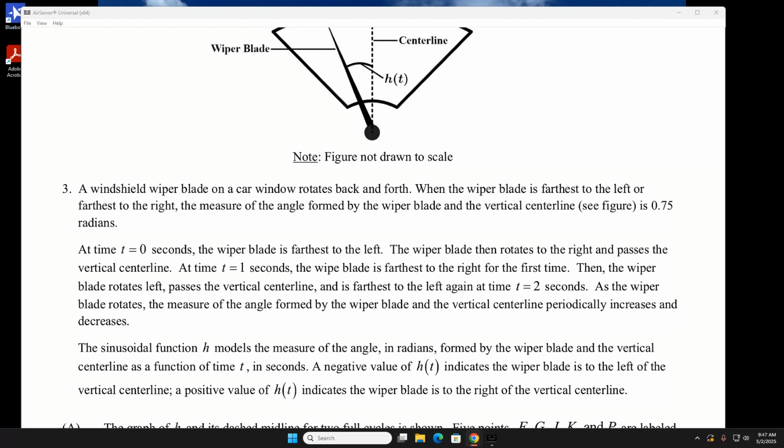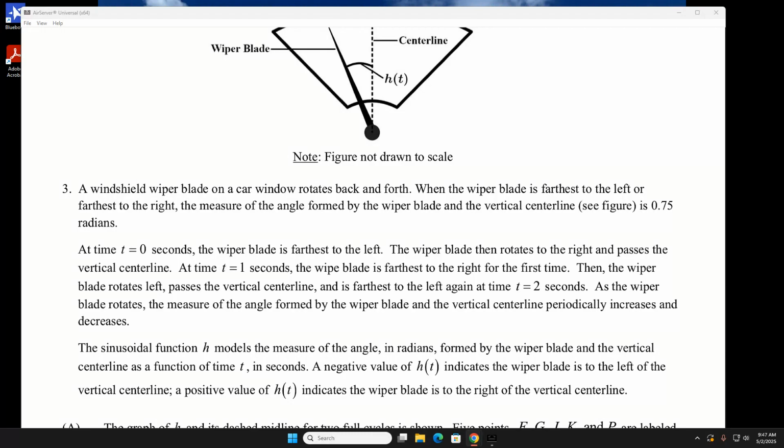The measure of the angle formed by the wiper blade and the center line is 0.75 radians. At time t equals 0, the wiper blade is farthest to the left. The wiper blade then rotates to the right and passes the vertical center line. At time t equals 1 second, the wiper blade is farthest to the right for the first time.